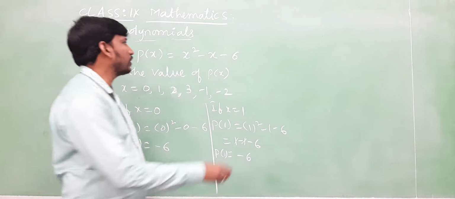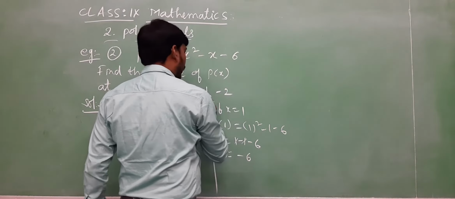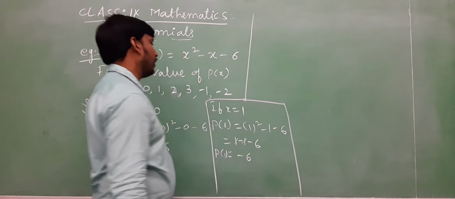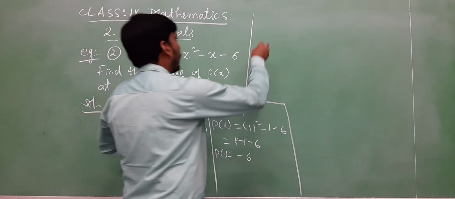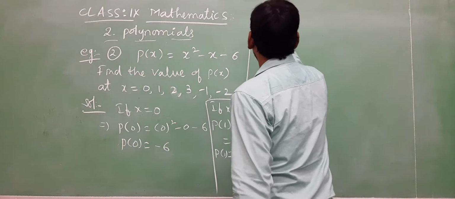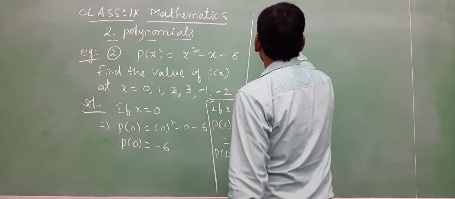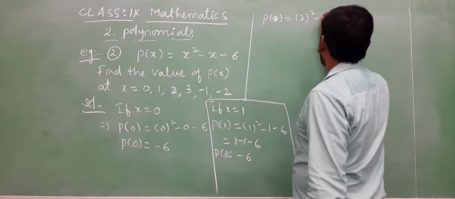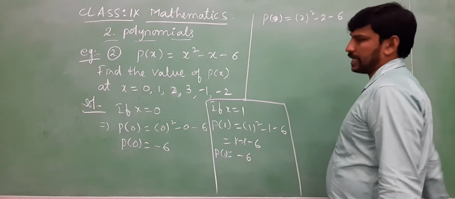Now coming to find out the remaining answers. We need to find out the remaining answers. Okay. Clear? Now p(2) is equal to 2 squared minus 2 minus 6.